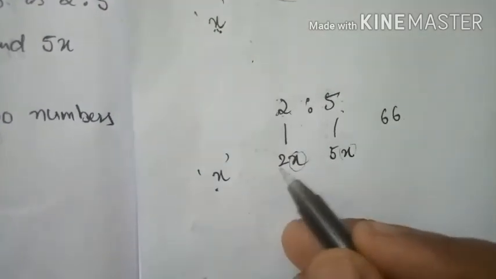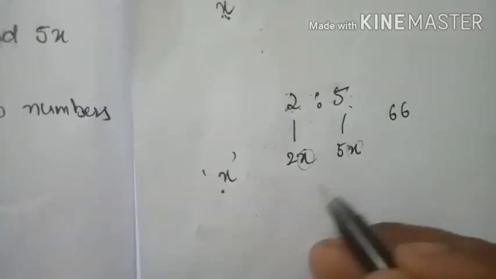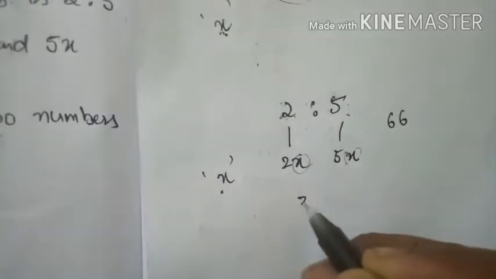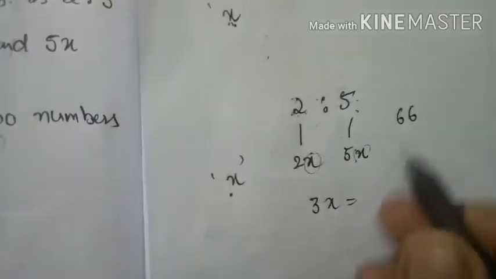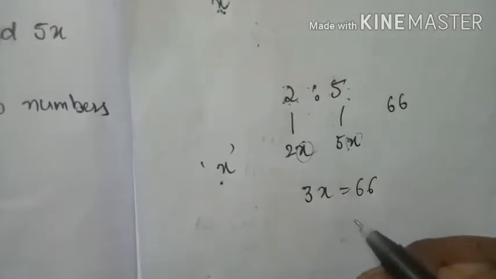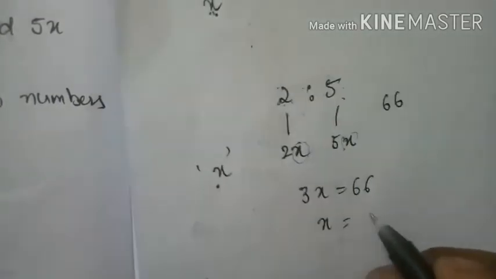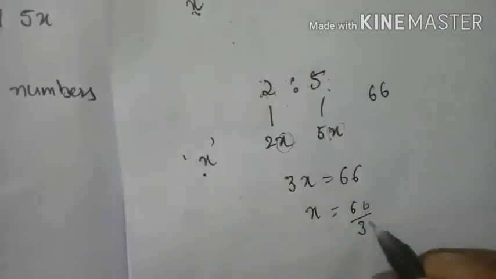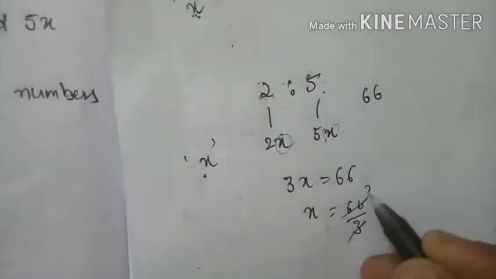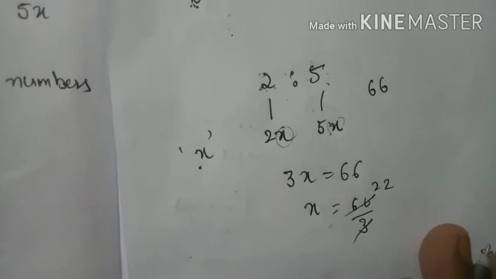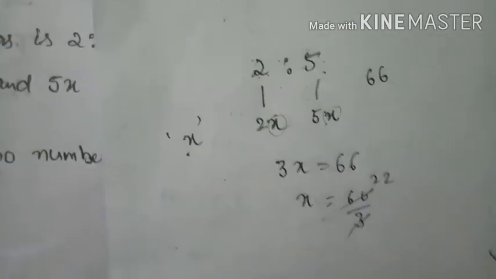That means simply difference between these two numbers, 2x, 5x. What is the difference? 3x is equal to given 66. Yes or no? So x is equal to 66 by 3. 3 2s are 6, 3 2s are 6. 22. x is equal to 22.